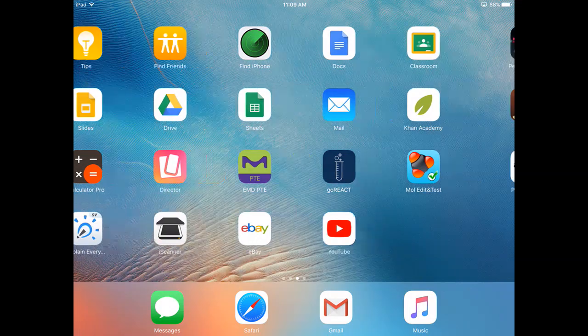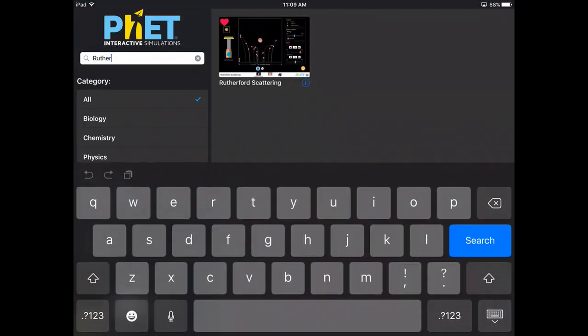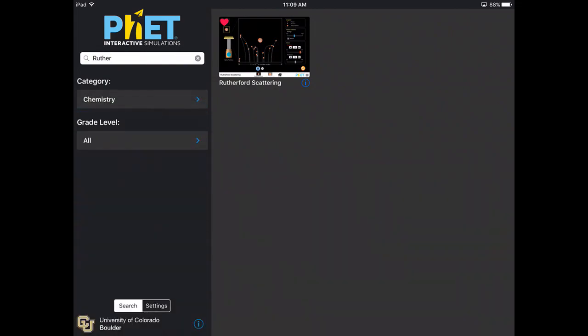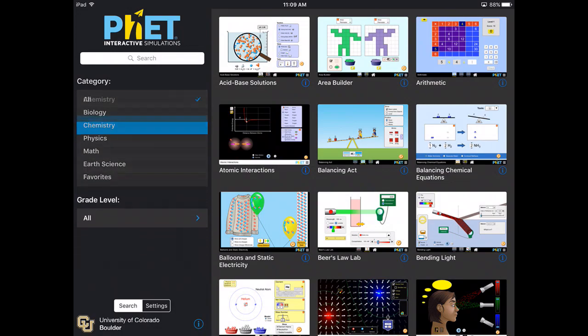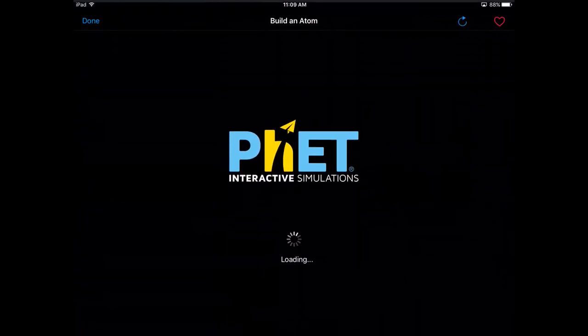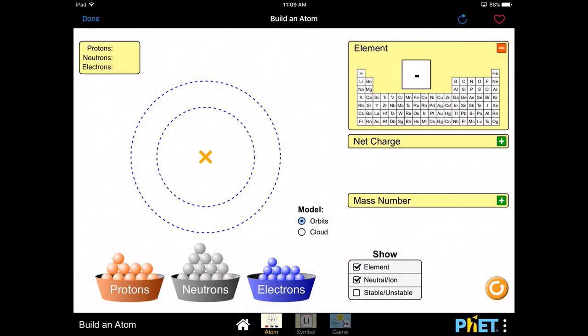If I go to PhET, to the build an atom module, if I add just 2 protons, look at the stability.